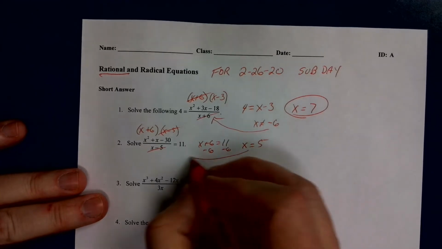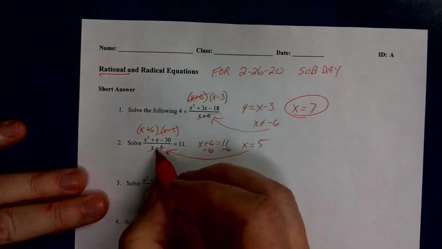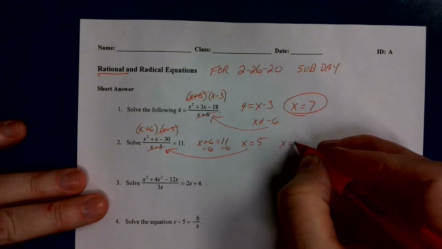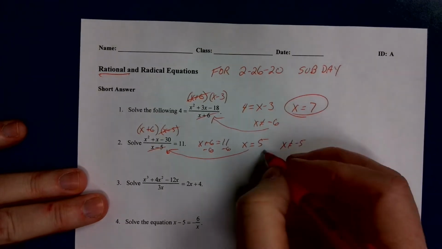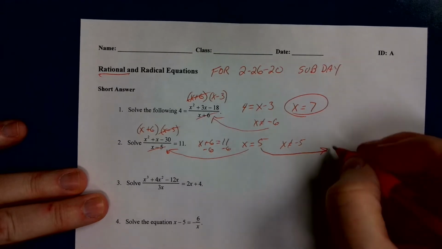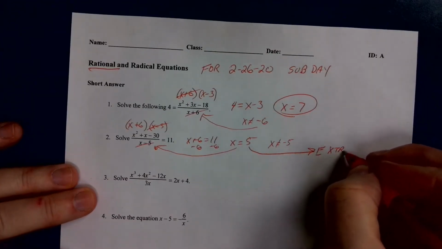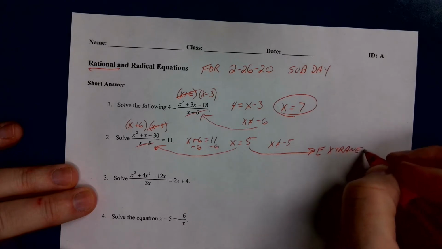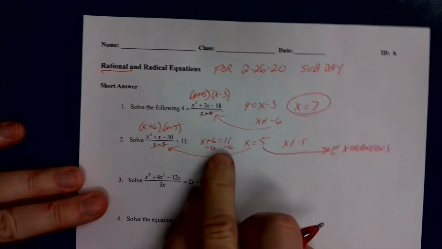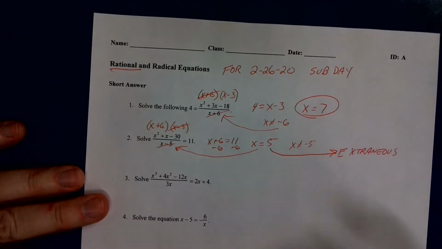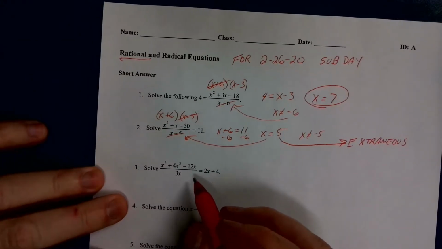However, if we check 5 back in our original problem, you'll see that 5 minus 5 is not in the domain, so x can't equal 5, which means 5 technically is what we call an extraneous solution. And one more time, that's a solution that works in the equation that you solve, but not in the original problem.